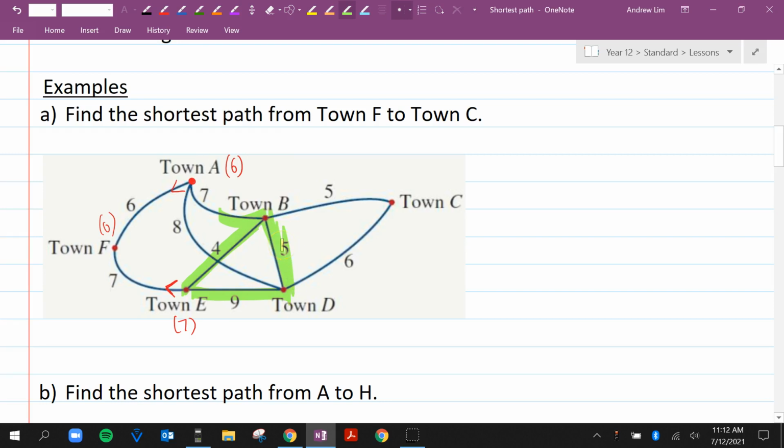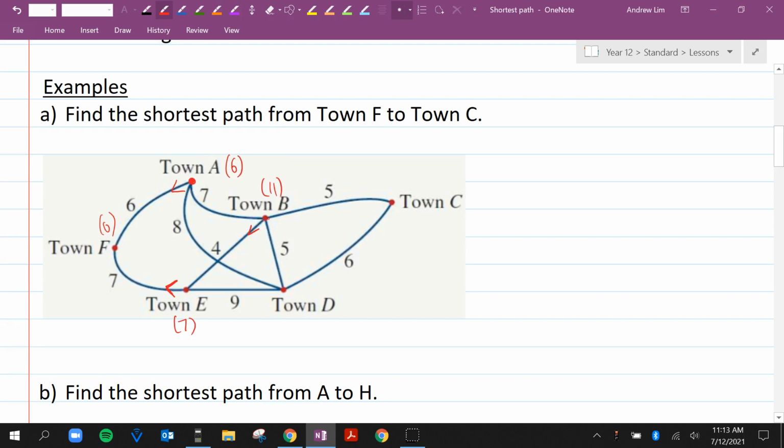So the smallest one looks like it's 11, which is this way, 7 here, plus 4, which is 11. So Town B would be 11. And how do we get 11 from 7 plus 4? So I'm just going to draw my arrow that way.